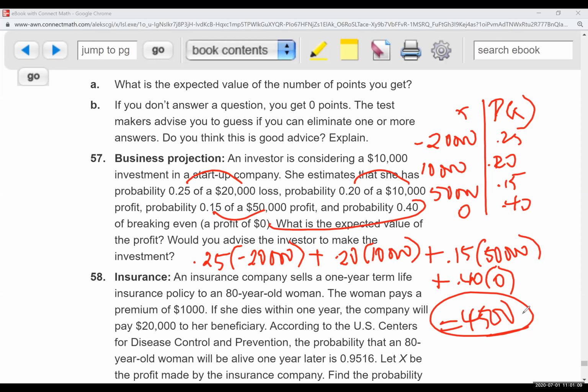No, because she's losing money. Are you losing money here? Yes, it's a positive. So you're going to gain 4,500, right? Oh, yeah. Okay. So yes, you're gaining 4,500 here.